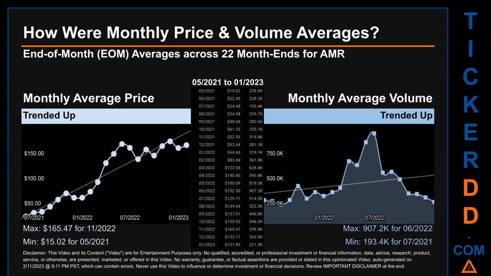The maximum end of month average price was $165.47 for 11/2020 while the minimum was $15.02 for 05/2021. Looking at volume, 06/2022 and 07/2021 respectively saw the highest and lowest monthly average volume at 907.2 thousand and 193.4 thousand.